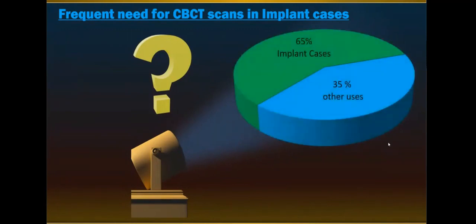Actually, 65% of cases referred for CBCT are for implant site analysis, while 35% is shared by all the other purposes, like checking for impacted teeth, root canal treated teeth, orthodontic reasons, perio, and all of this. So CBCT is very important for implant cases, and we are going to demonstrate now the applications of CBCT in our lecture today.